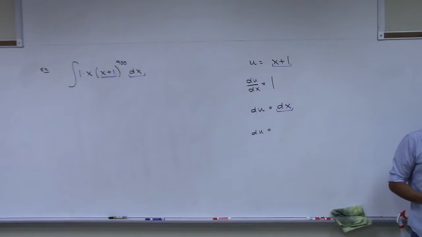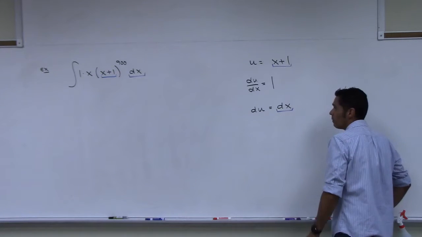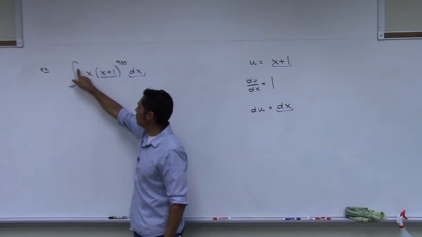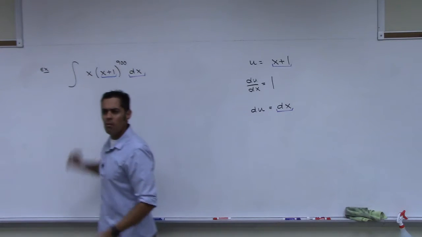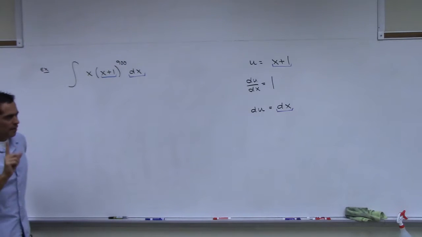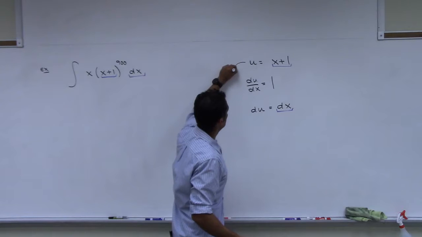That's still good? What's the only thing we have not accounted for here? This is going to become a du, this is going to become u to the 900th, but what about the x? You never really dealt with that, did you? However, and this is the tricky part of this problem, look at this equation right here. You see that equation?